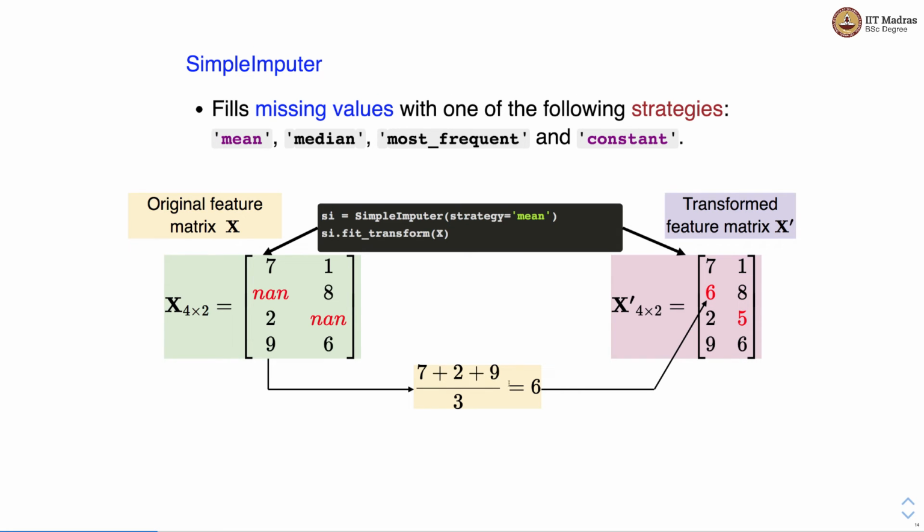In this case the mean is 6, and that value replaces the NaN, or the missing value. In the second column the mean is 5, and hence we fill up this particular missing value with the mean, which is 5.